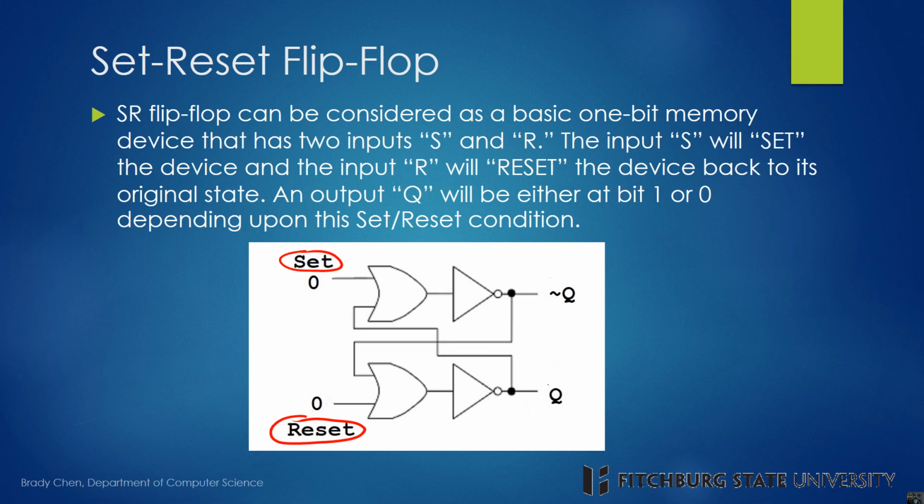There's an output, Q, and the other one is tilde Q, the complement of Q. The input S will set the device, and the input R will reset the device back to its original state.